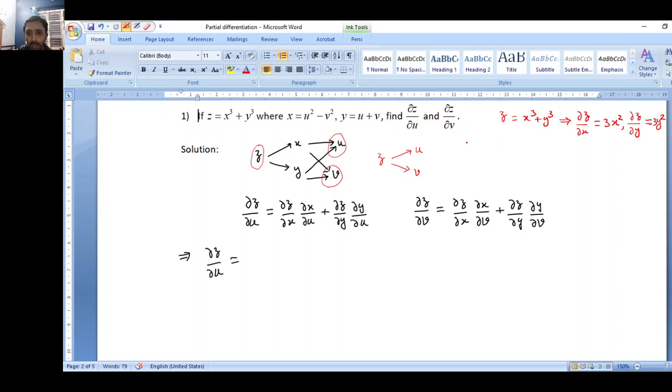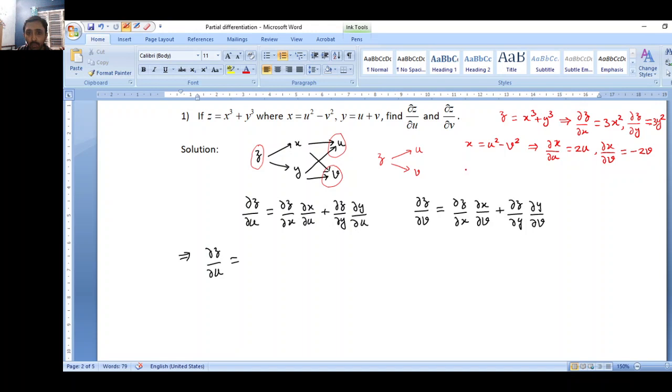Similarly, x is given to be u square minus v square. Accordingly, dou x by dou u is going to be 2u, because v is going to be constant when we are differentiating x with respect to u, and dou x by dou v is going to be minus 2v.